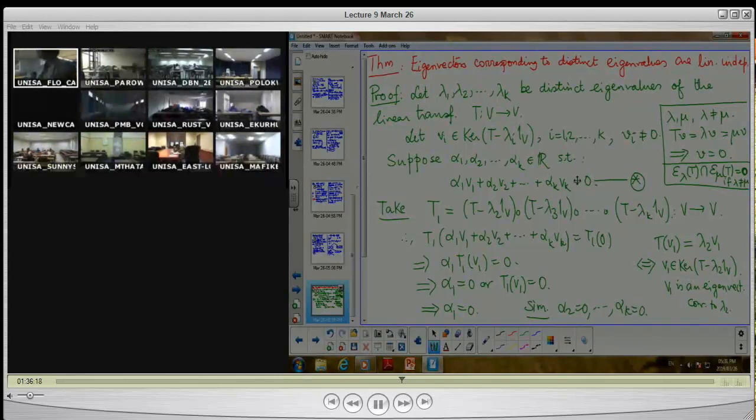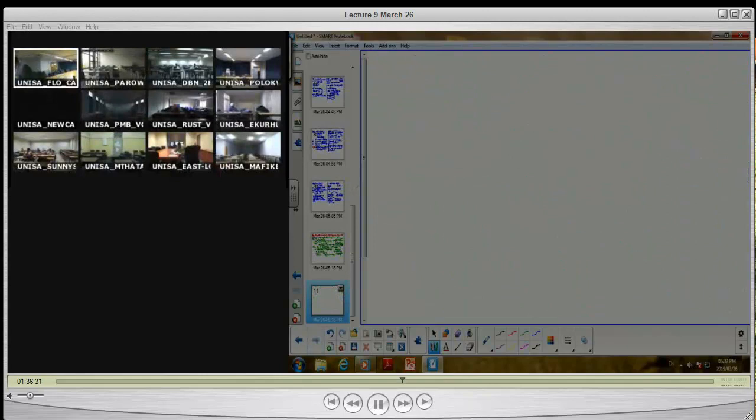So what's the scenario? The scenario is this. So if you tell me that lambda 1, lambda 2, lambda n, let me say lambda k, I don't know.